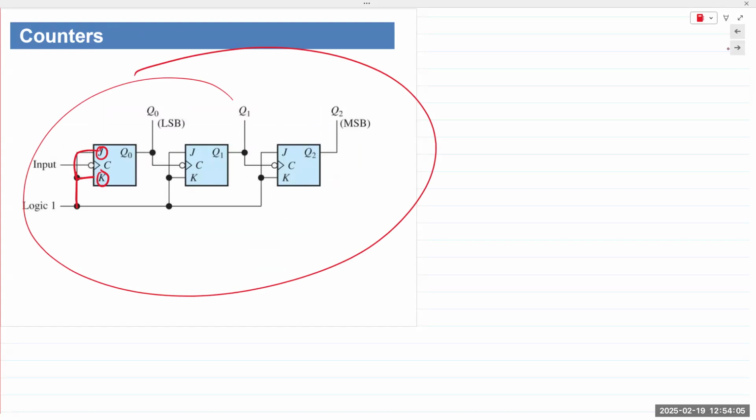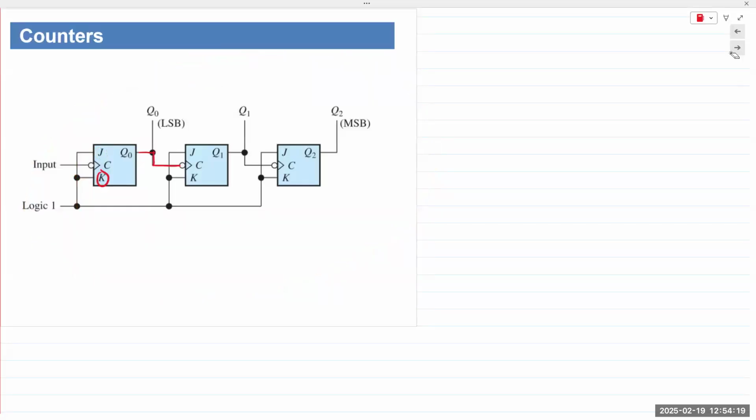And then each flip-flop functions as a toggle flip-flop. The output of each flip-flop goes as the clock of the next one. Again, this is jumping ahead a little bit, but that's how a digital counter is implemented using flip-flops. Let's see how much time we have. Okay, we have enough time to go through this.